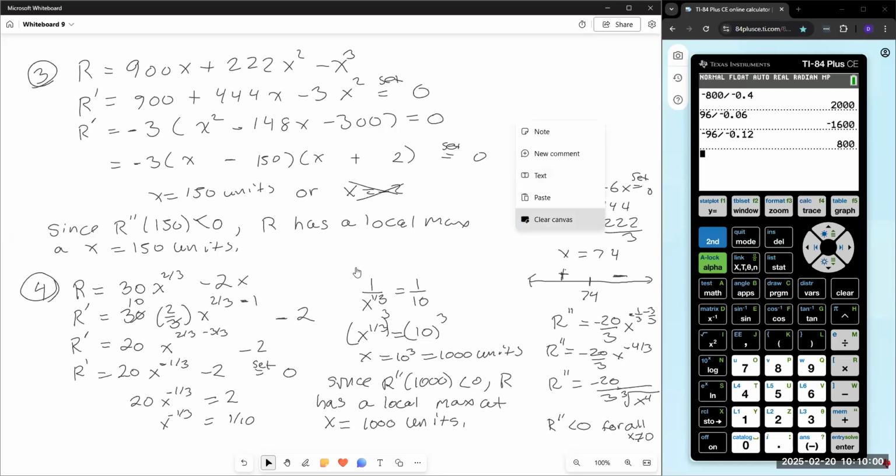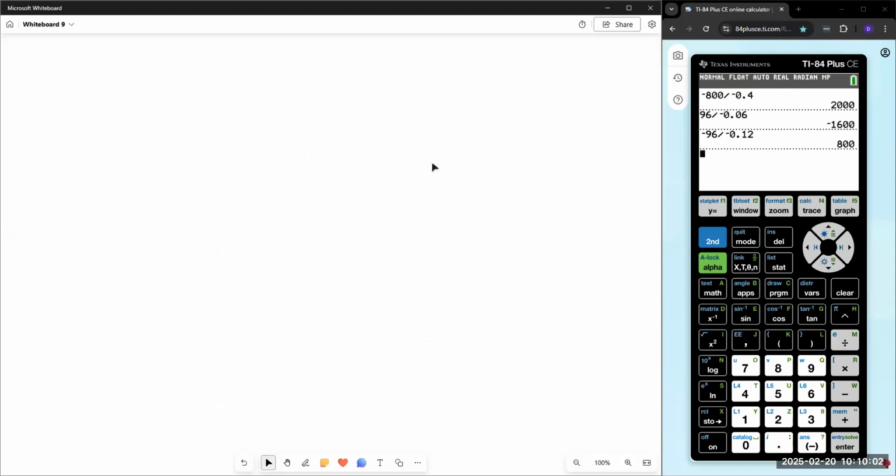Clear this canvas here. So that's going to be number 5. Gives us a cost equation C of 0.125 x squared plus 20x plus 5,000.